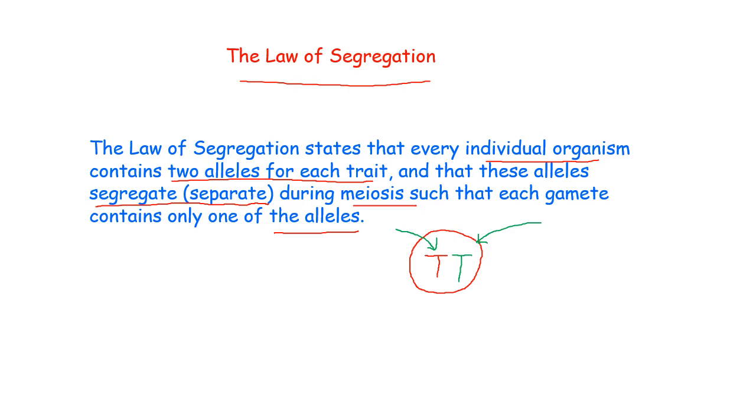So what the law of segregation says is that these two alleles, during meiosis, during gamete formation, randomly move to two different gametes, two different haploid cells.